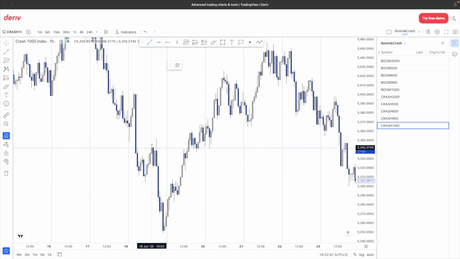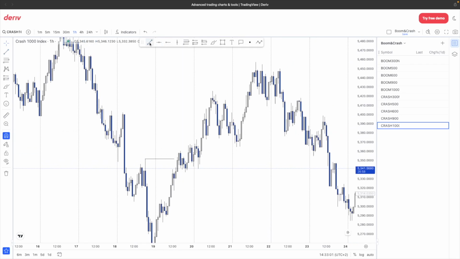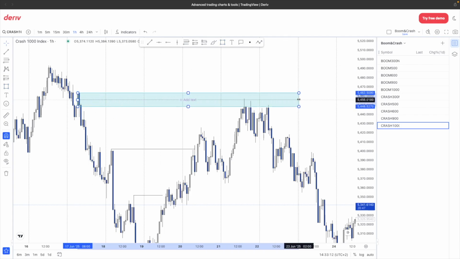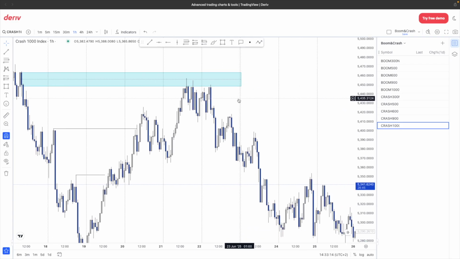And here we got our moves back to the upside. So we are pushing up, retracing, pushing up. And then as you can see here, price actually reacted from this order block right over here. And then this was our last up move.